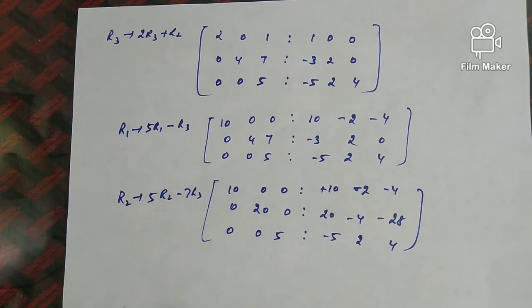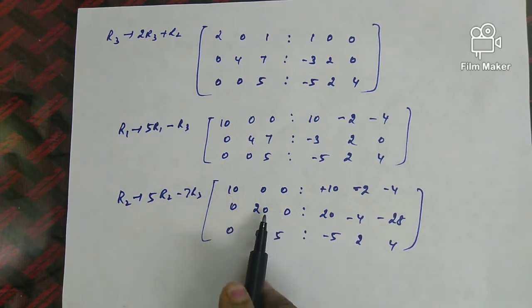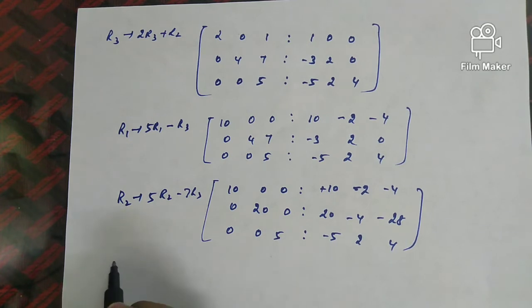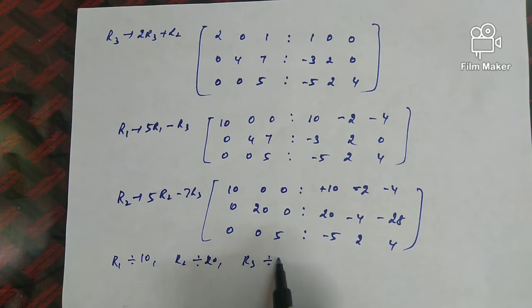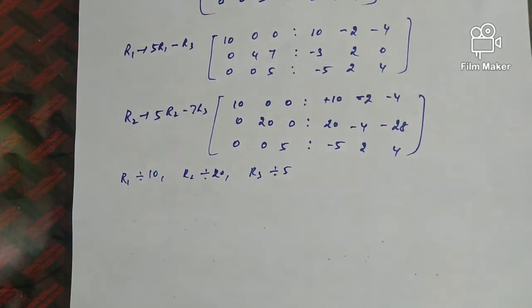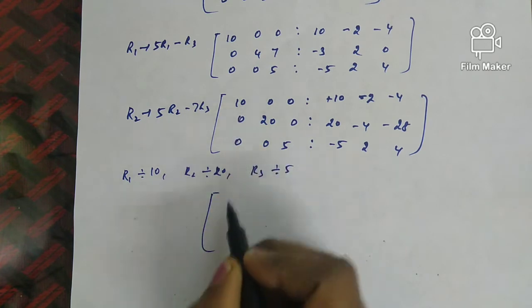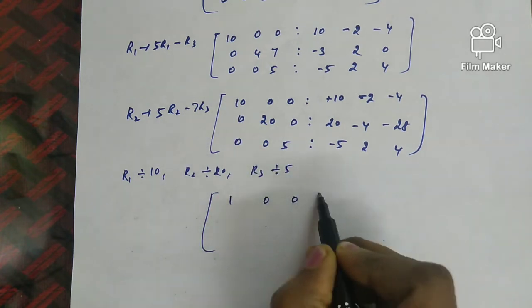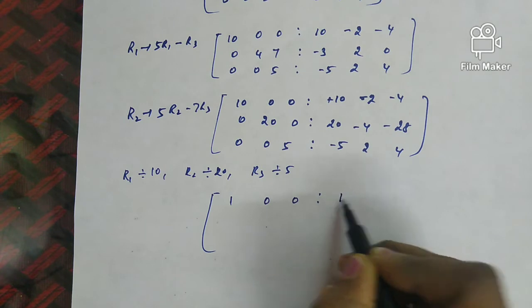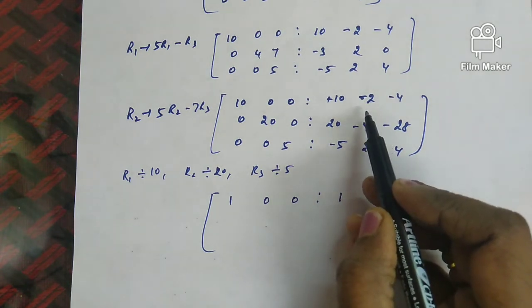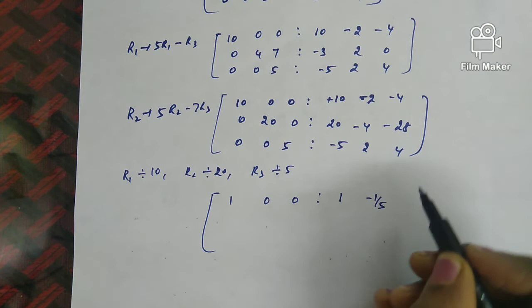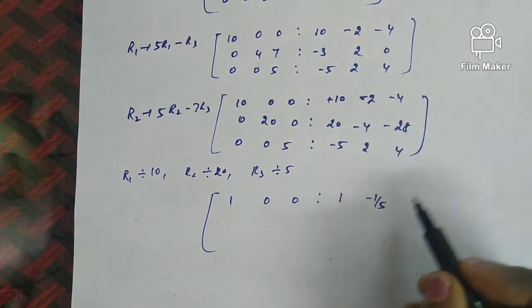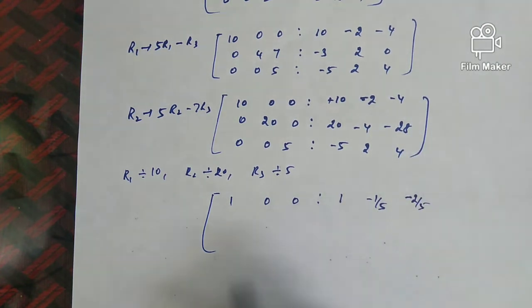Now look at the matrix. It's in diagonal form. To make the diagonal 1, we divide R1 by 10, R2 by 20 and R3 by 5. R1 by 10: 10 by 10 we get 1, 0, 0, and here minus 2 by 10, that means -1/5, and minus 4 by 10, so -2/5, cancelling the terms.